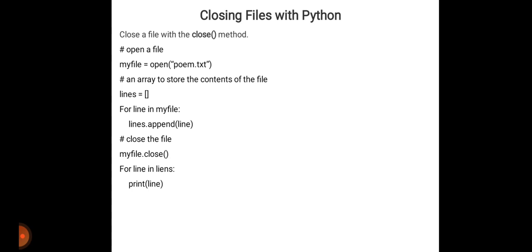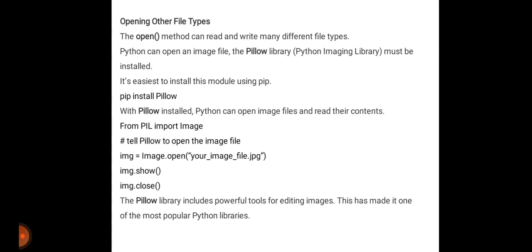Then close the file with my file dot close, and for line in lines, print the line. In this way you can close the file with Python.